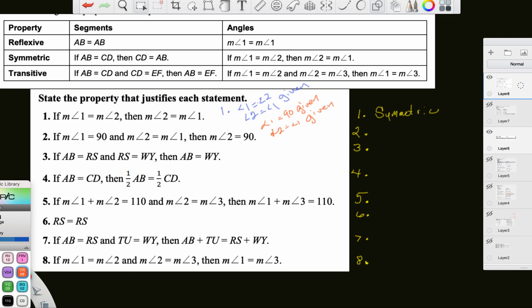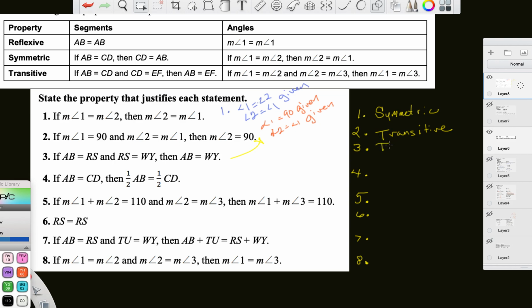Therefore, angle 2 has to be equal to 90. That's our favorite one. That's the transitive. We should call it trans now. Number 3, AB is equal to RS. RS is equal to WY. Then AB is equal to WY. It's the same thing as up above, right?